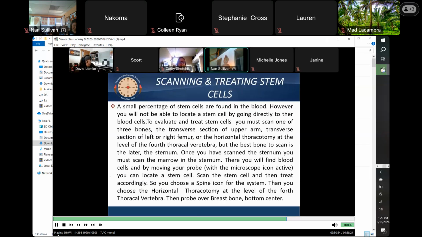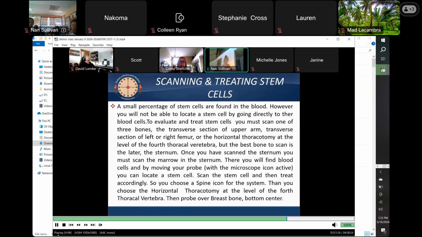A small percentage of stem cells are found in the blood, however. You will not be able to locate a stem cell by going directly to their blood cells. To evaluate and treat stem cells, you must scan one of the three bones: the transverse section of the upper arm, the transverse section of the left and right femur, or the horizontal thoracotomy at the level of the fourth thoracic vertebrae.